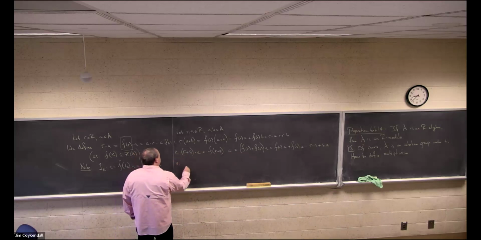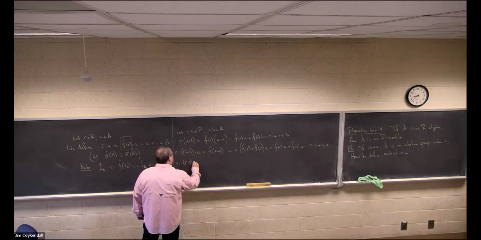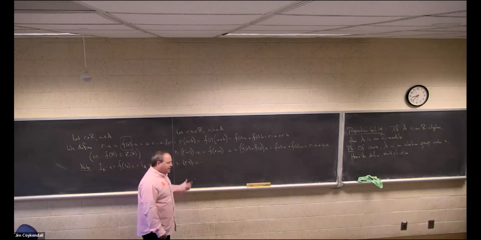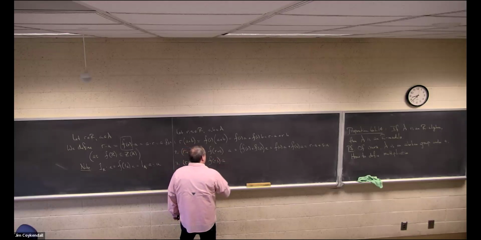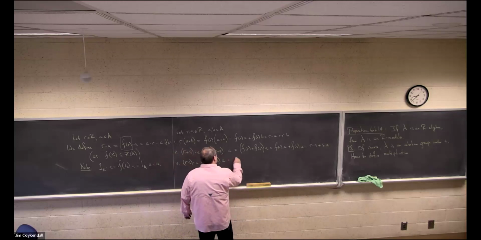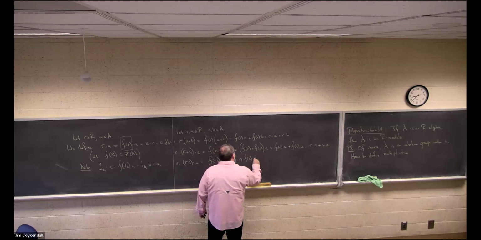And finally, if you look at (rs) operating on a, by definition, this is f(rs) times a. Again, this is a homomorphism. So this is f(r)f(s) times a.